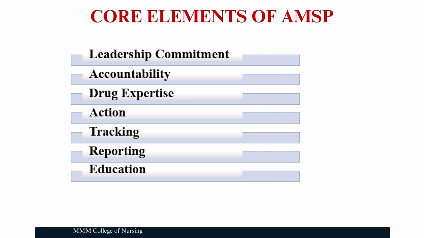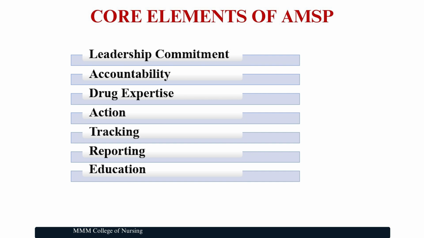And the fifth one is tracking, which means antibiotic prescription and antibiotic resistance must be tracked, monitored and recorded frequently. The sixth core element is reporting, which must be done to the doctors, nurses and staff regarding the antibiotic usage and resistance, if any.